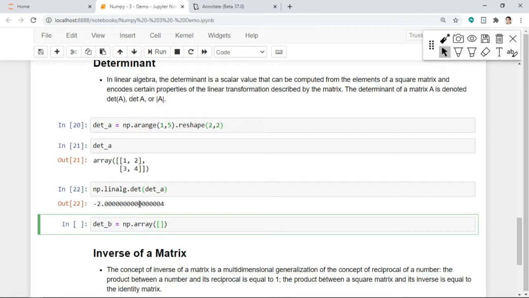So we are requiring square matrix only. So 5, 3, 7. I'm randomly choosing values here. So 5, 8, -6, 4, 9. Then we reshape this again. Yeah. So 3 by 2.